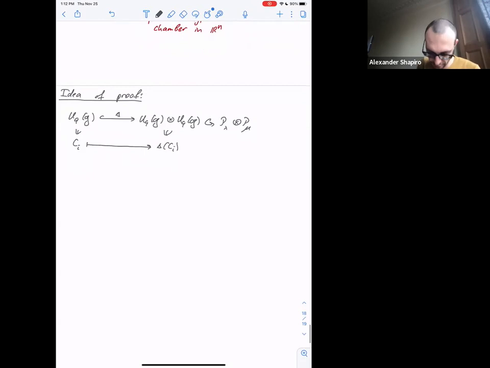But the trouble is that the Casimir was sitting inside the center of the quantum group, but delta of Ci is not in the center of the tensor square of the quantum group. And if you want to see how this product decomposes with respect to the embedding of UqG inside here, then first you need to diagonalize these operators, so that the center of the quantum group acts just by multiplication.